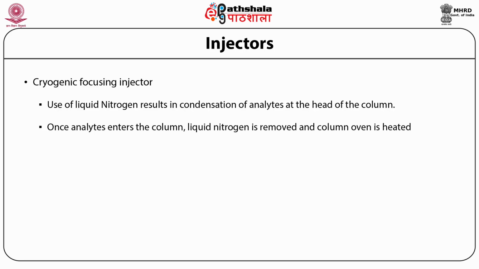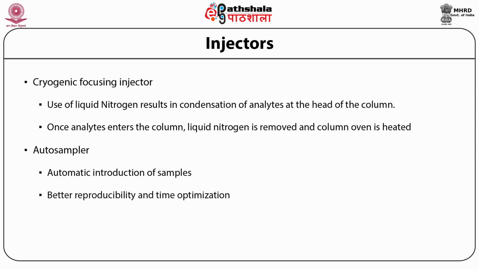Another consideration is the volume of sample being analyzed, which is an extremely small quantity and requires precise handling to generate reproducible results. Auto-samplers help in the introduction of samples automatically into the inlets, thereby providing better reproducibility and time optimization.